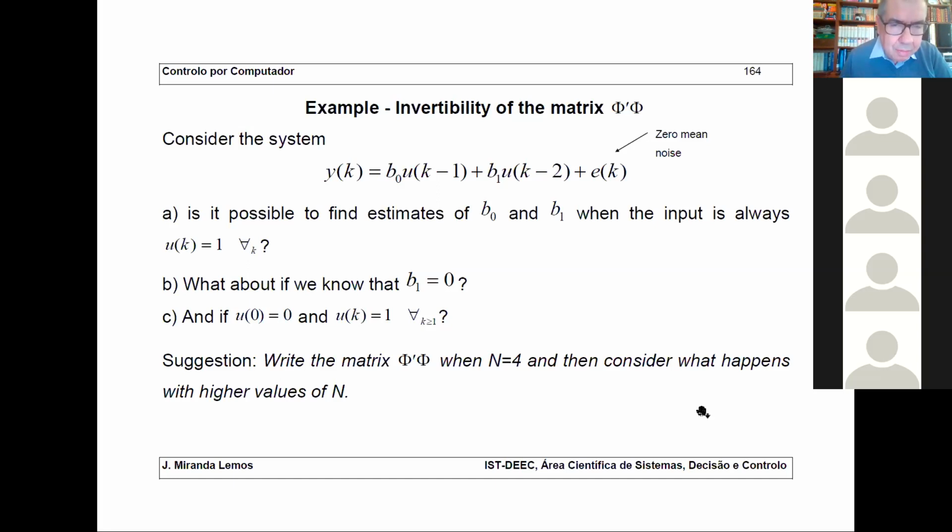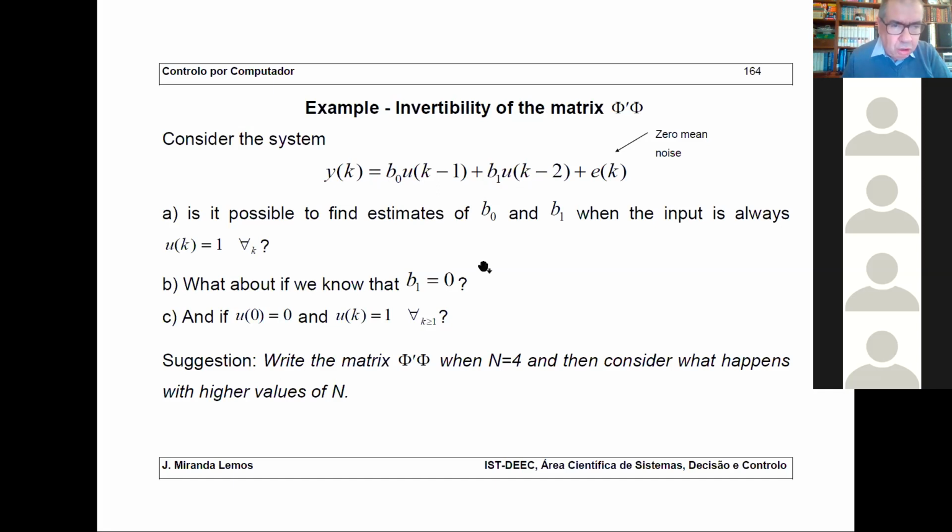Let's see this example. Suppose that you want to estimate a system. It has a delay, and apart from that you have a zero. So y at k is just a linear combination of the previous two values of u, and you have some noise. So suppose that u is constant.